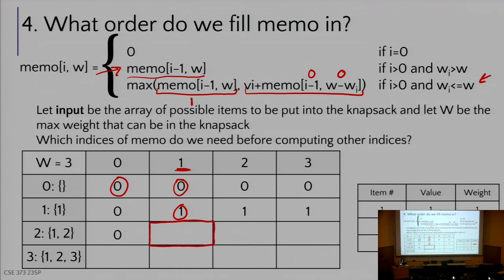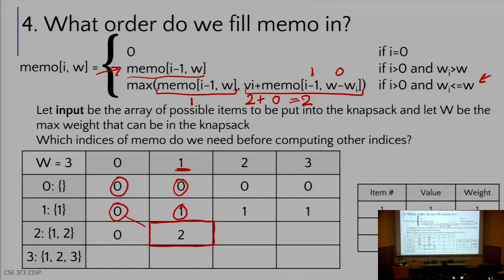Then the value of the current object is 2 plus the value at the remaining weight, and the current weight is 1 minus 1, which is 0. So we look at that index, which is this one here, and we put 0 here, which equals 2, and 2 is greater than 1, and so we put 2 here.